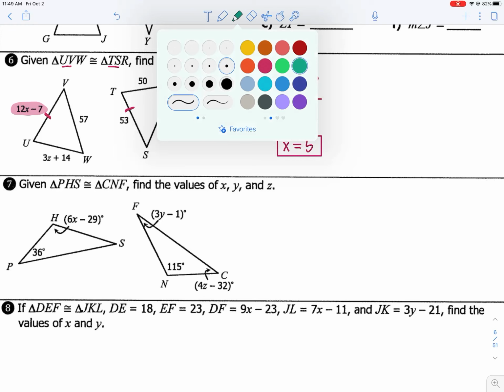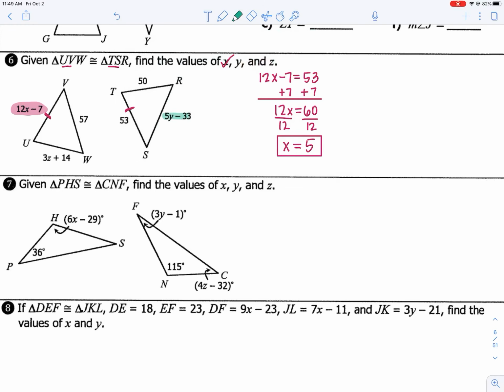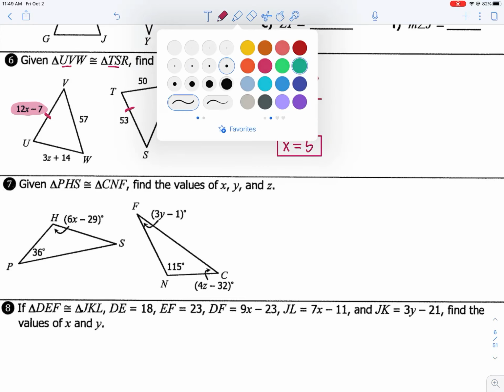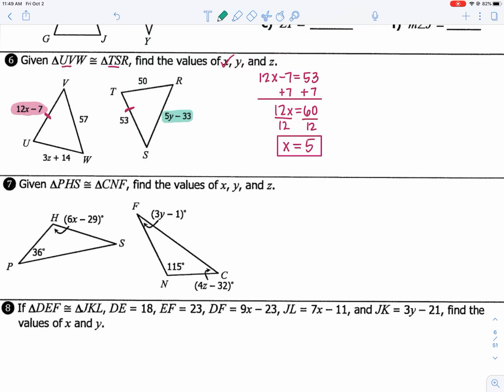Now I want to solve for y. So y's right here on RS. So RS, I'll put 2 tick marks on that. RS corresponds to VW or WV. So those two sides are congruent, so their measures are equal. So 5y minus 33 equals 57.